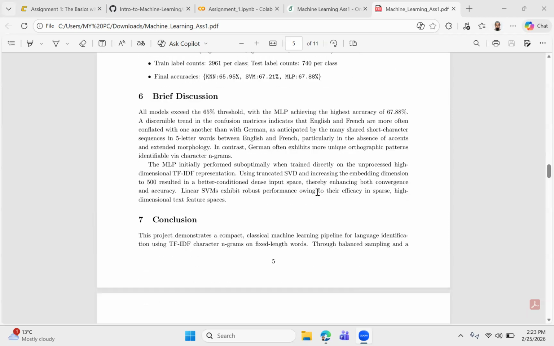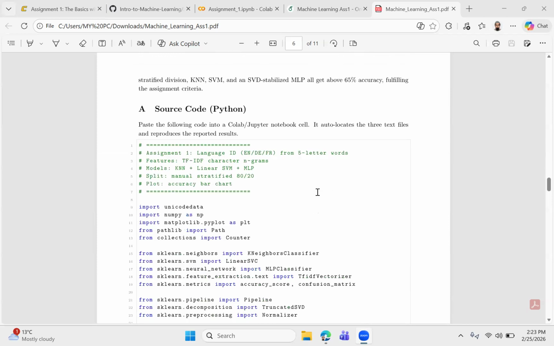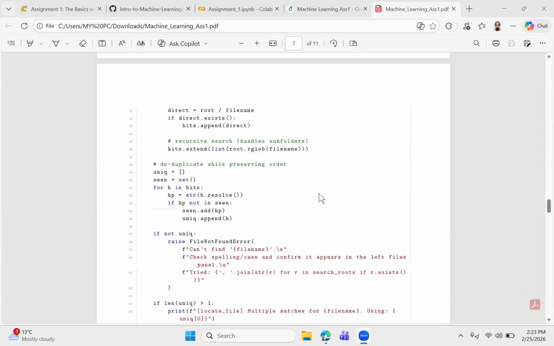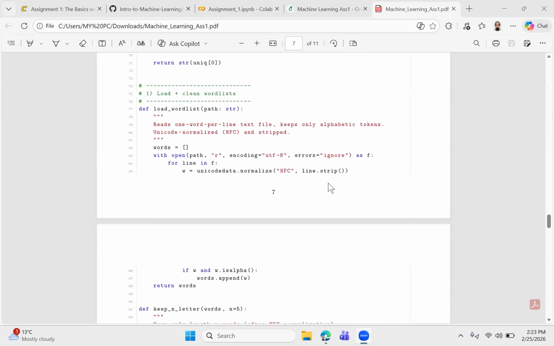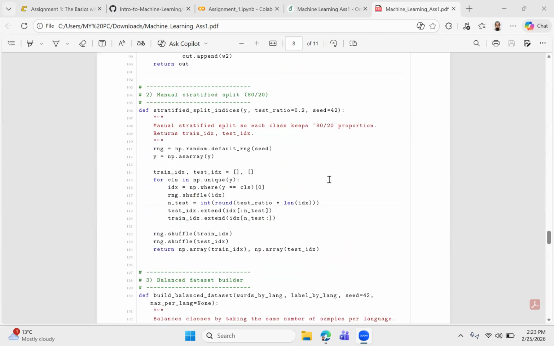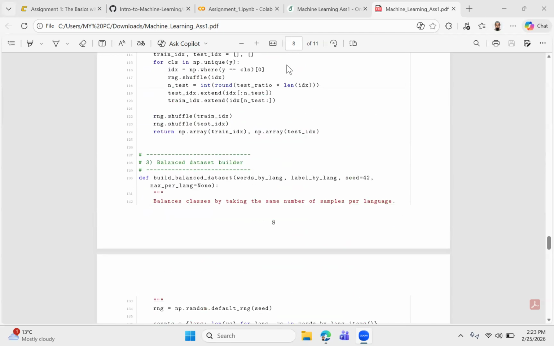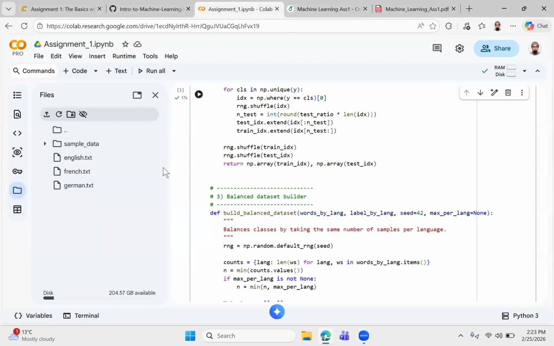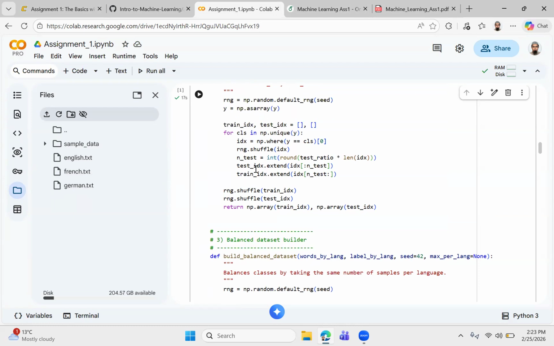Now this is my source code, which I keep here. Now I need to show my code and run this. For running this code, I first need to upload the three text files: English, French, and German. This is my code.